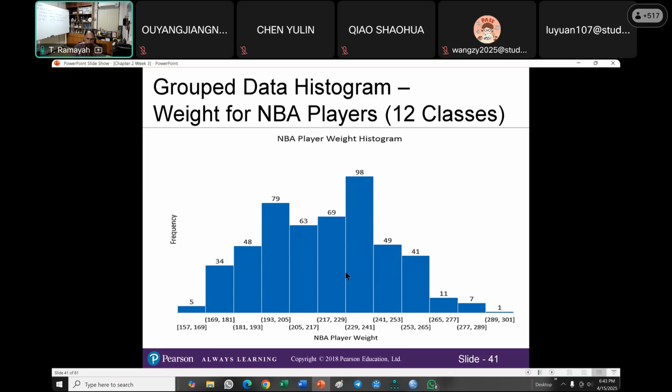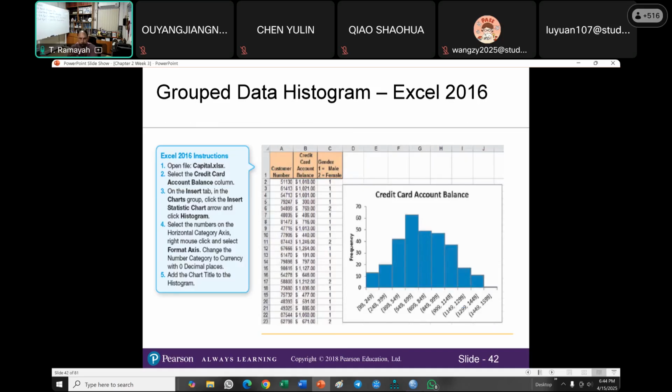The center is somewhere here. And you see those people who are 280 kilos and above, they are very few. Less than 160, 170 kilos also not so many. So we can get some indication from the histogram directly. If you want to do this histogram in Excel, you can follow this instruction.